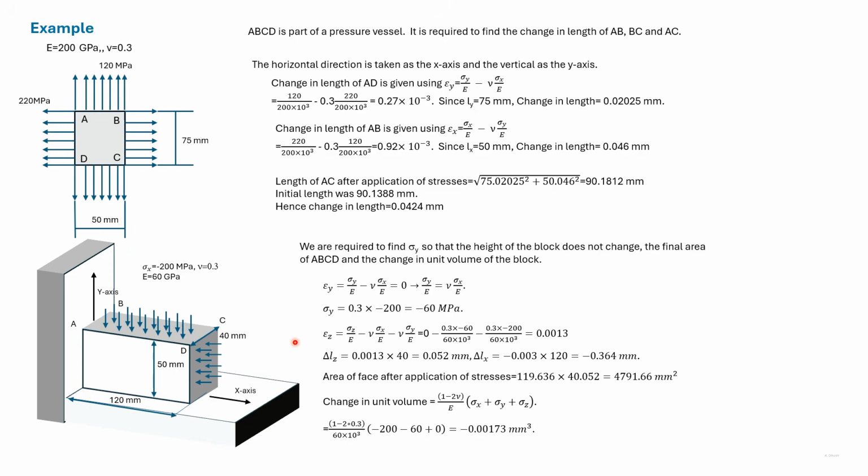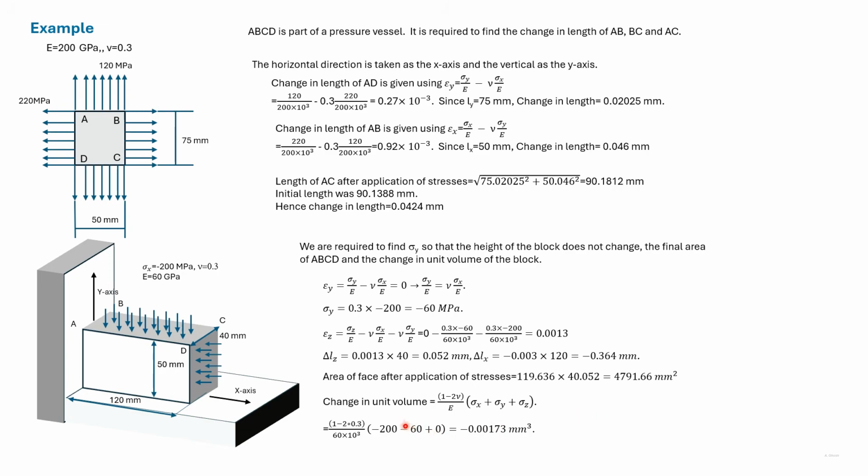So once we have found epsilon z, CD multiplied by epsilon z will give us the change in length of CD. We can also find the change in length of AD. Multiplying both gives the new area of ABCD.